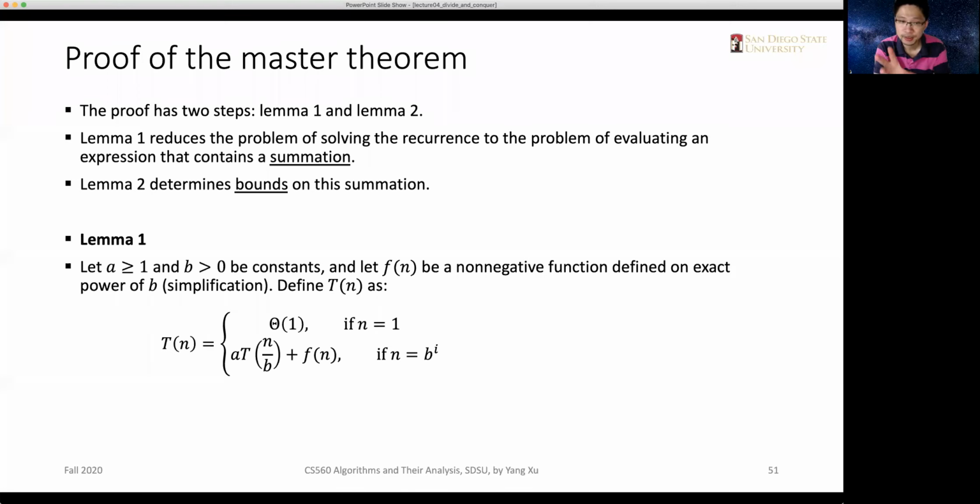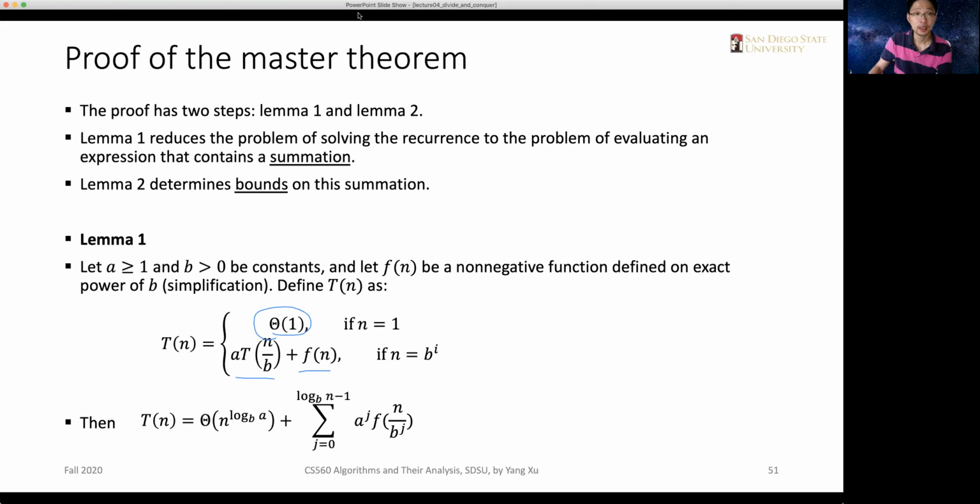The proof we show today is not the complete form, but I think this incomplete proof is sufficient to show the ideas behind the master theorem. This is the form of the recurrence: we let the base case be constant running time, and we have f of n plus a times T of n over b, which is what we already know.